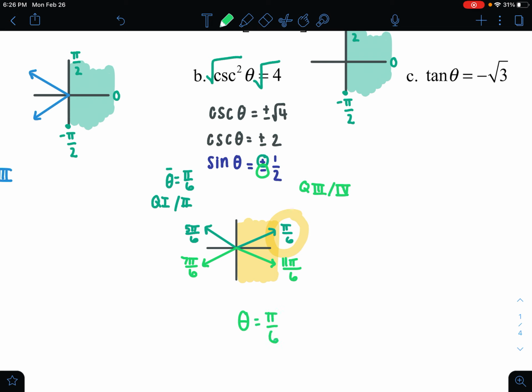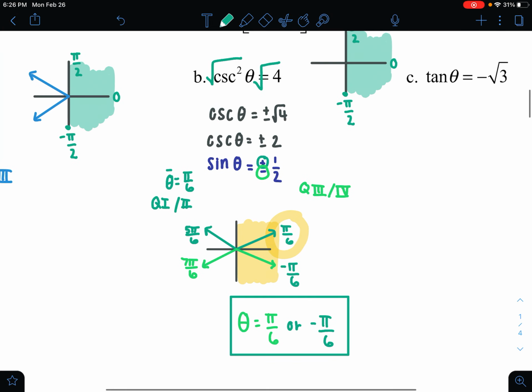However, 11 pi over 6 is not within that interval, but I could rename it to be that. We know that if this is positive pi over 6, if I reflect it over the x-axis to be negative pi over 6, that is the same location. That also satisfies our interval. So that's a possible solution for theta.